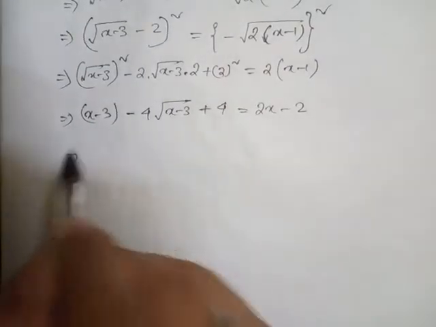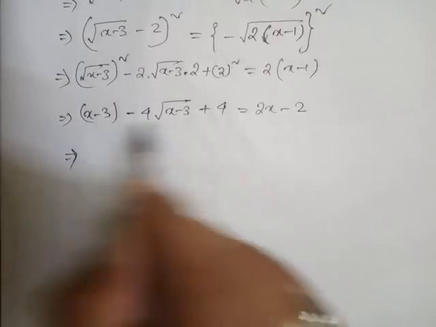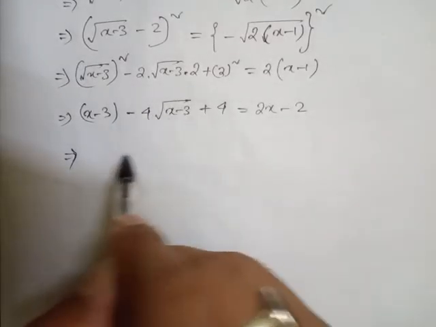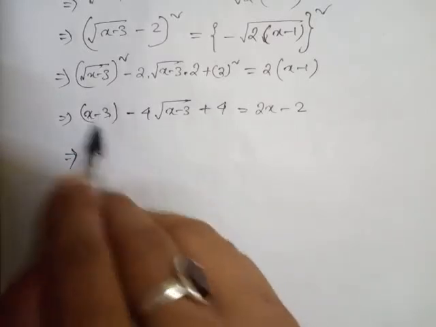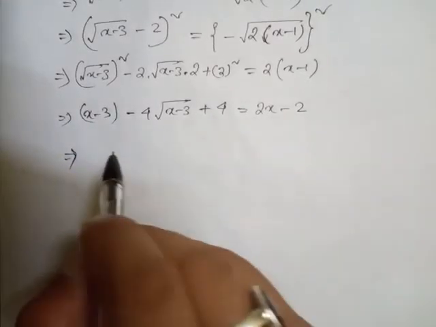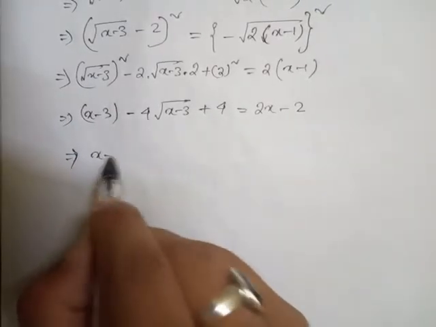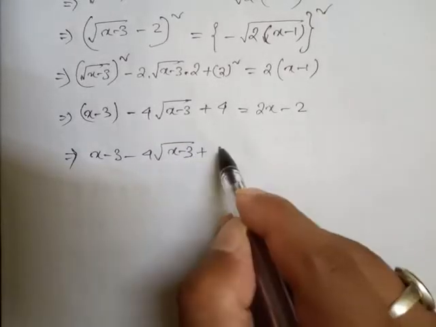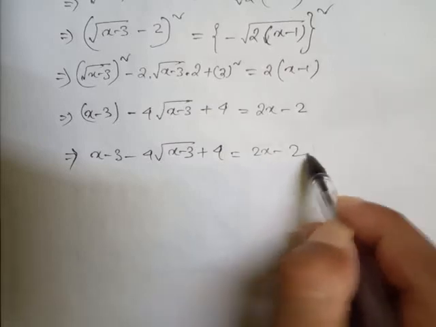The next part would be, next one, there is removing the bracket student here. So if I keep this value only one side, and if I take this whole value on that side, will be easy. So first of all, x minus 3 minus 4 root x minus 3 plus 4 equal to twice x minus 2.